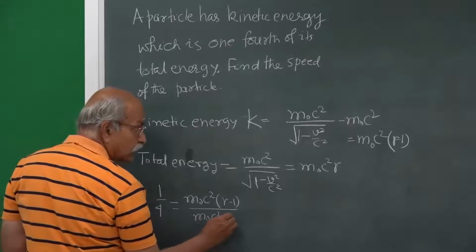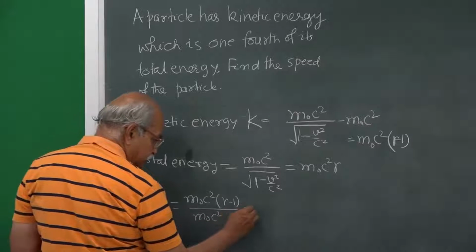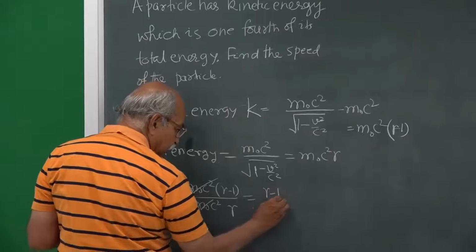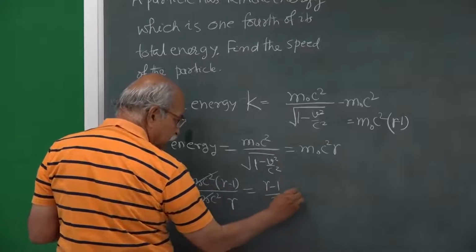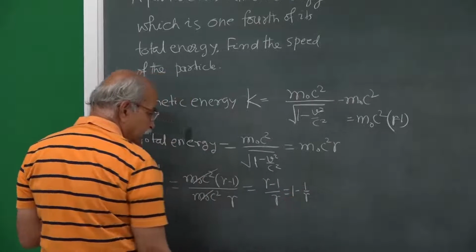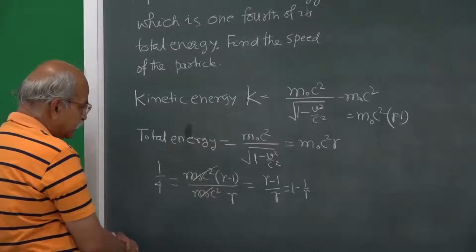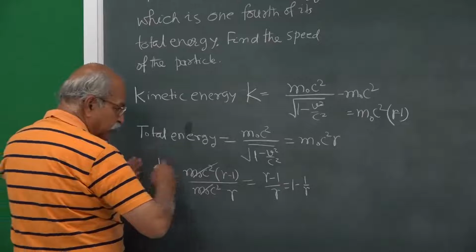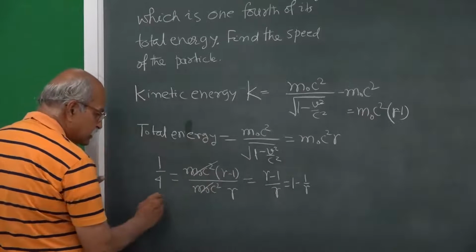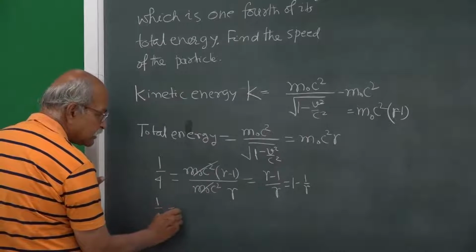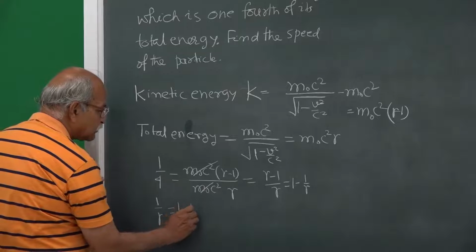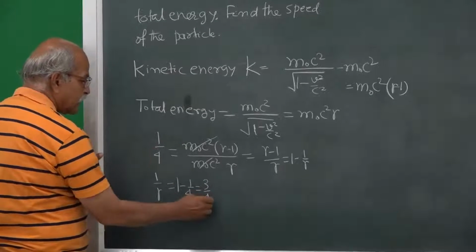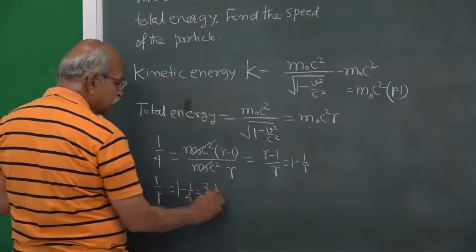and gamma. So, this cancels out, gamma minus 1 divided by gamma, that is 1 minus 1 by gamma. So, you can take this 1/4 on that side, 1 by gamma on this side. 1 by gamma is equal to 1 minus 1/4, that is 3/4, and you know what 1 by gamma is?